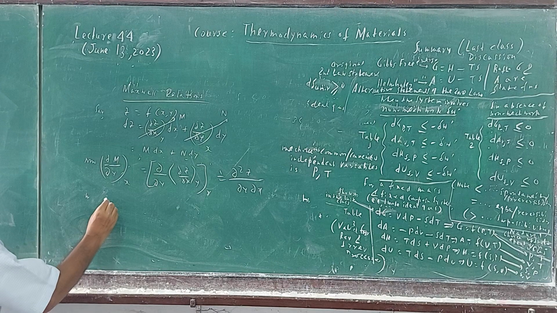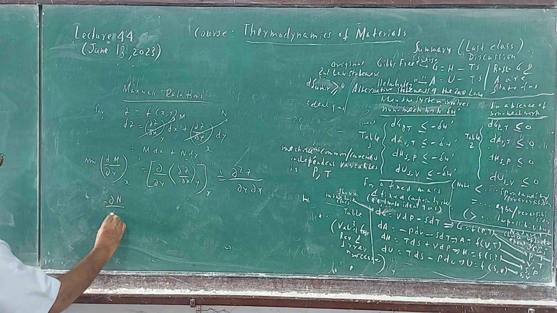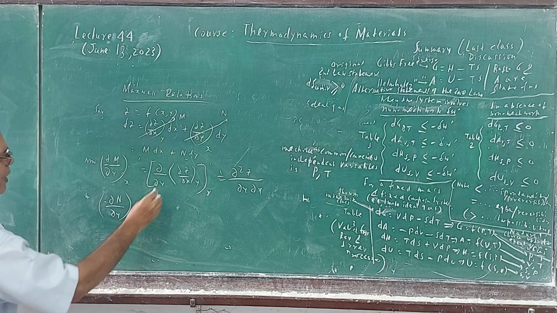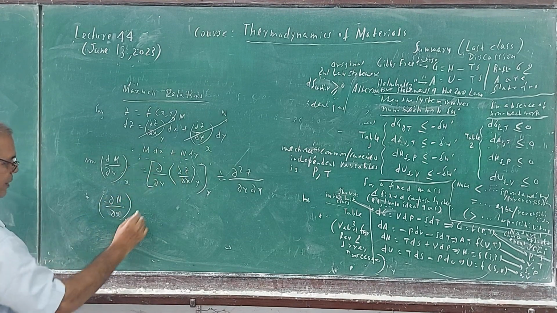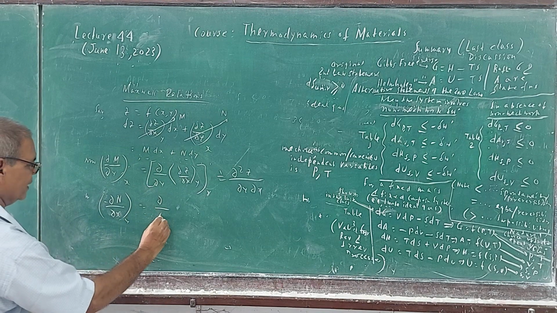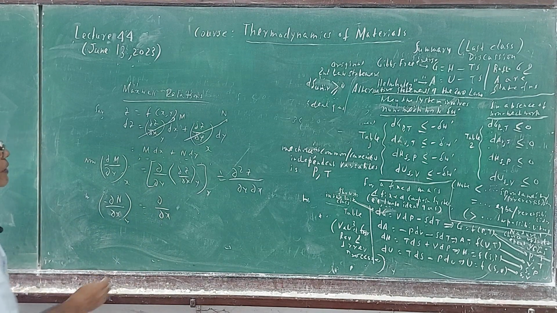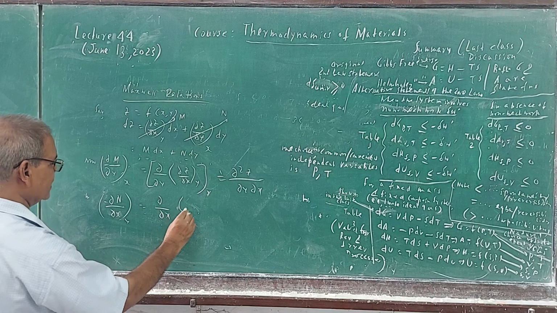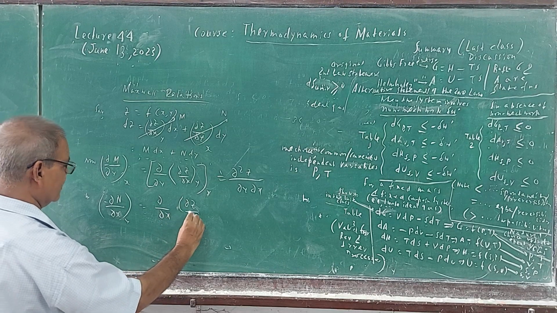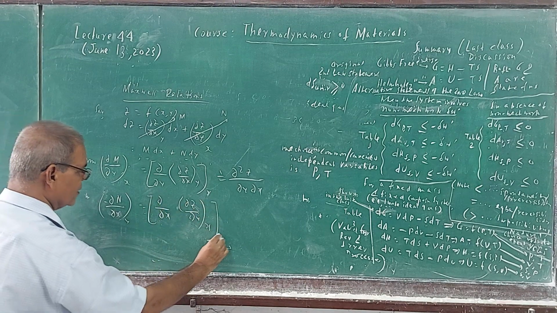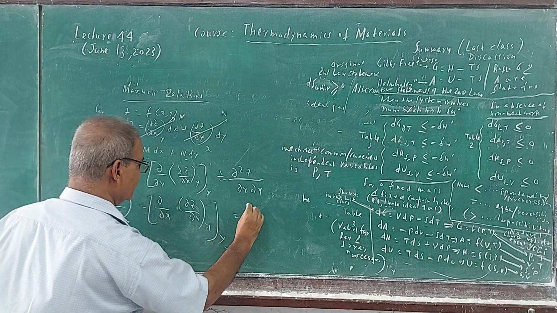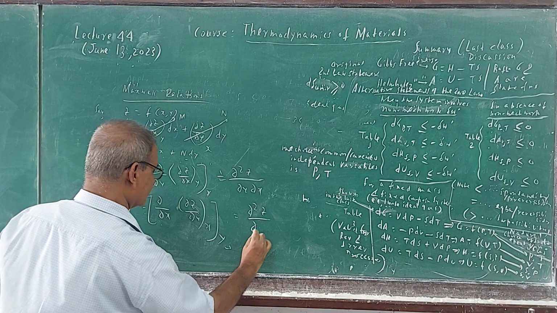Then similarly, del N by del x at constant y. N is del z by del y at constant x, so this is del square z by del x del y.